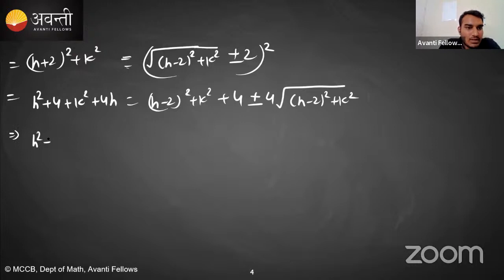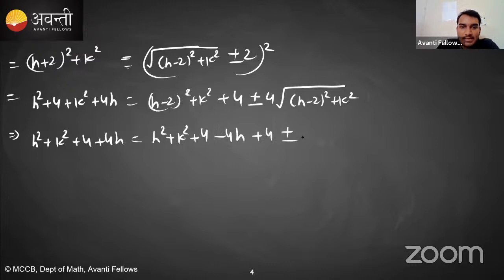It becomes h square plus k square plus 4 plus 4h is equal to h square plus k square plus 4 minus 4h plus minus 4 times under root of (h minus 2) whole square plus k square. Clear? So now h square cancels out, k square cancels out, this 4 and this 4 cancel out, right?